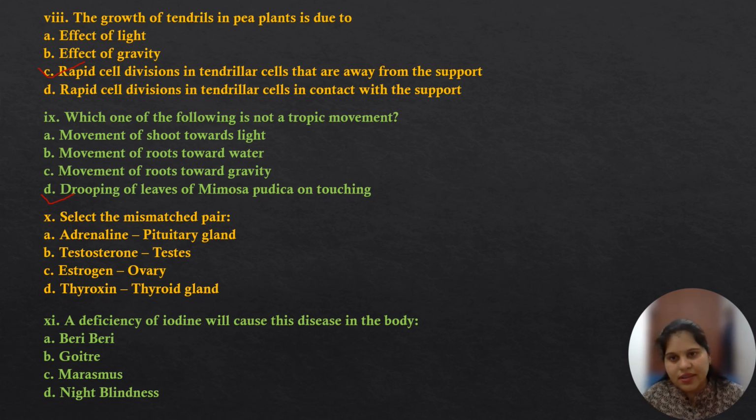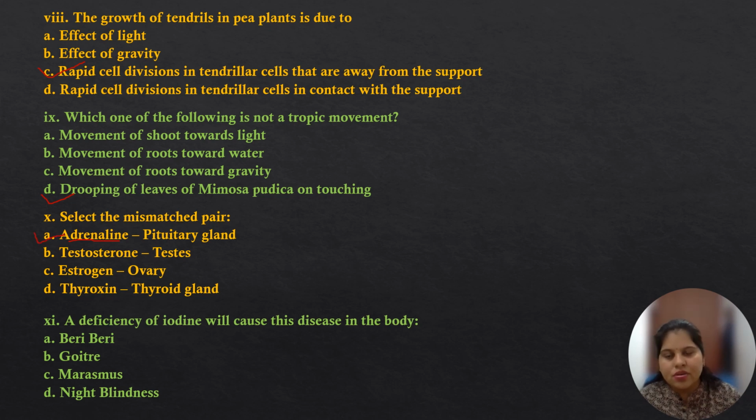Next question is, select the mismatched pair. This is from animal hormones. So the first pair given is adrenaline. This is the name of the hormone and these are the glands. Adrenaline, pituitary, no. Adrenaline hormone is secreted by the adrenal gland, not by the pituitary gland. So this first option is mismatched. Yes.